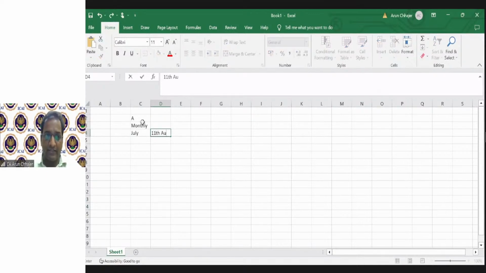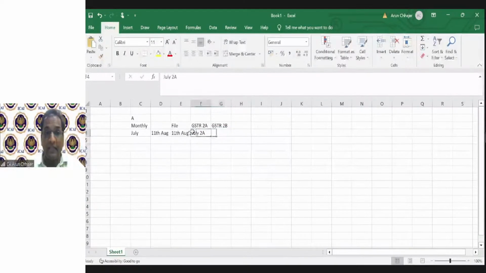The 11th August, right? Perfect. If A files the GSTR1 on, let's say, 11th of August only, then in the GSTR2A it will appear in the July GSTR2A. What about the GSTR2B? It will appear in the July GSTR2B.